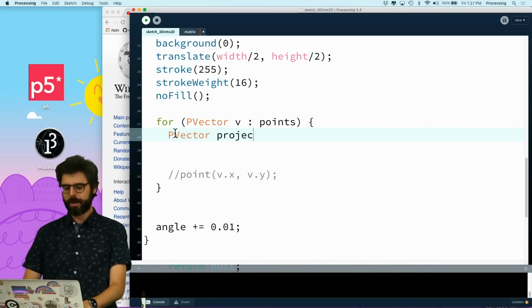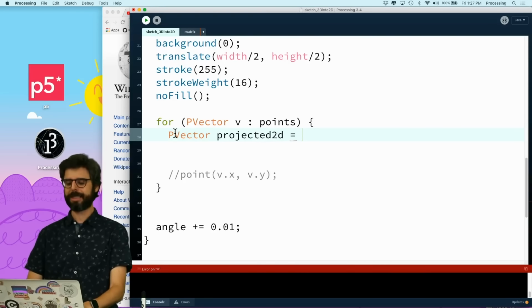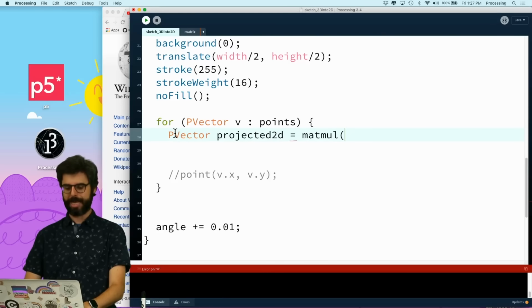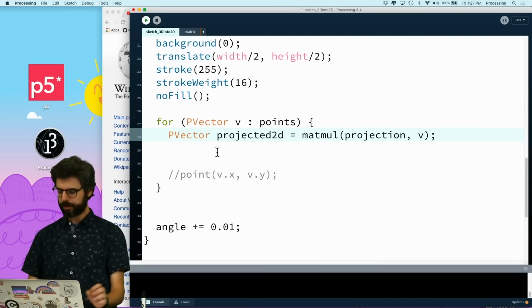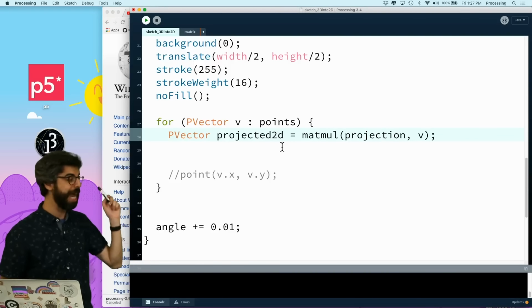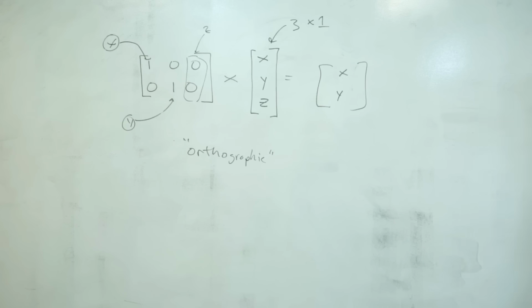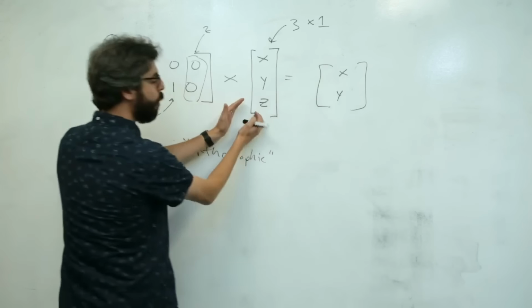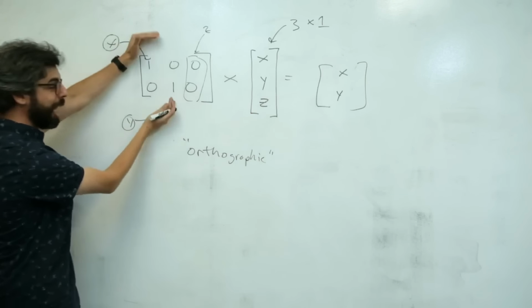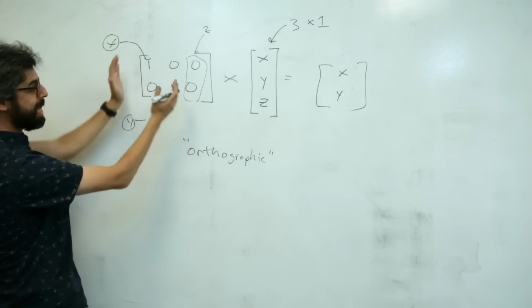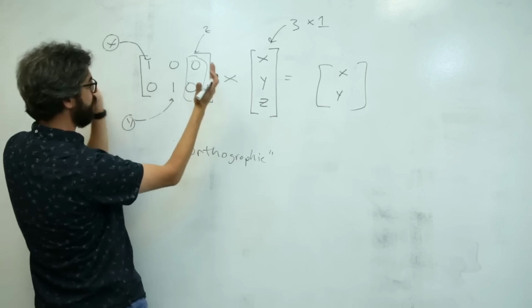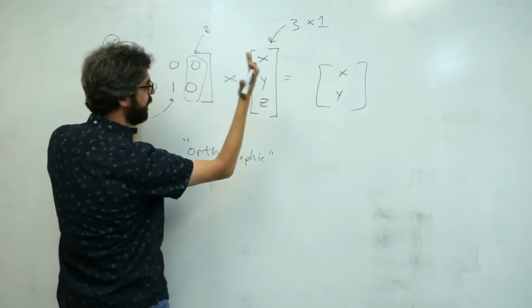I'm going to call it the projected 2D vector. And I'm going to matrix multiply the projection times v. So this is what I want to do. To project a 3D point into 2D, I need a projection matrix, which I just made, and then I need to matrix multiply the projection matrix and the vector.